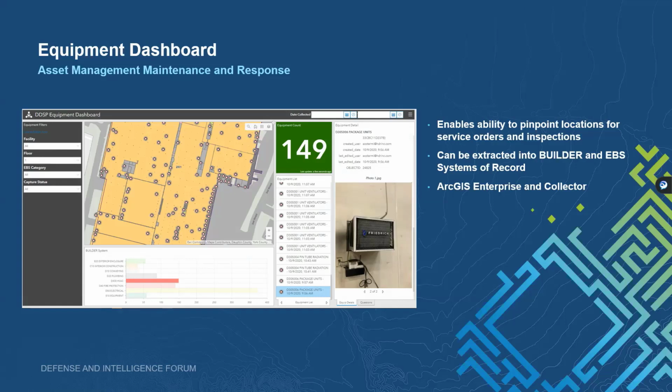And this data can be extracted back into Builder and EBS, the systems of record. We're using ArcGIS Enterprise and Collector in this case, and we plan on expanding it by using Workforce and Survey123 in the future. And to go into this a little bit more, I'll pass it over to Sean.